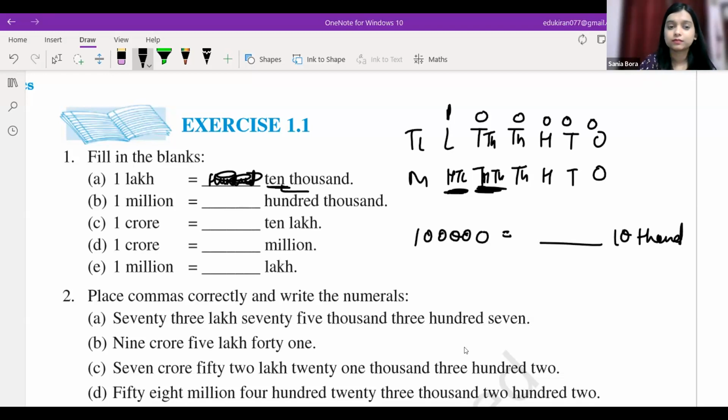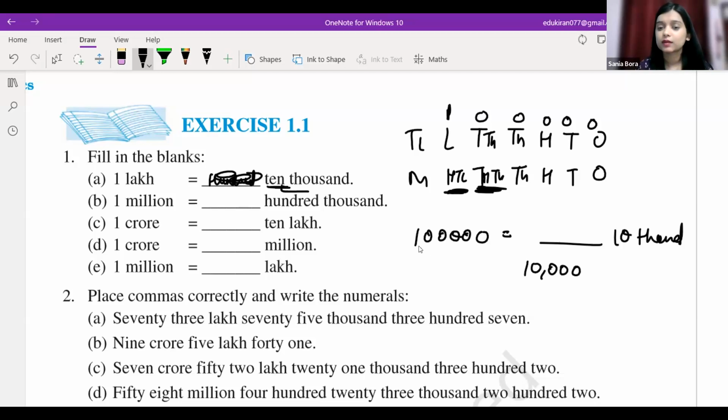How much is less over here? 10,000 is already there, right? So I just wrote 10,000. Over here, 1 2 3 4 zeros. How many zeros are missing?